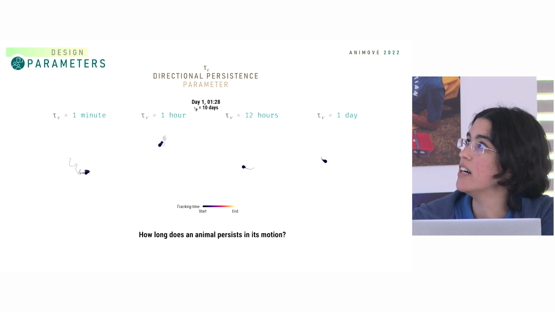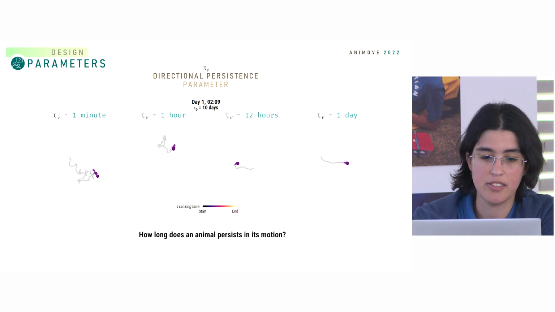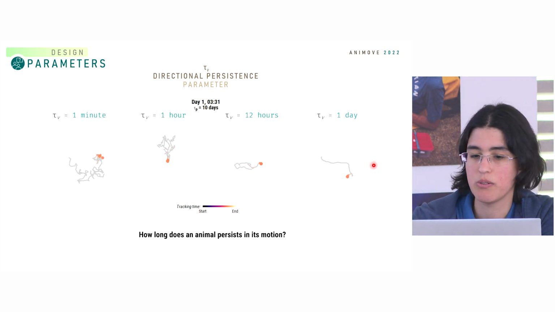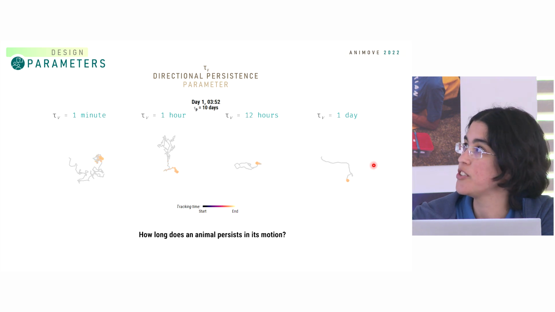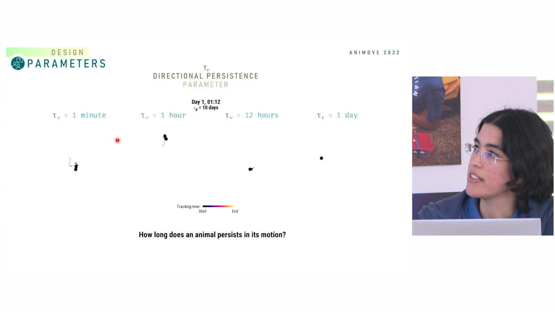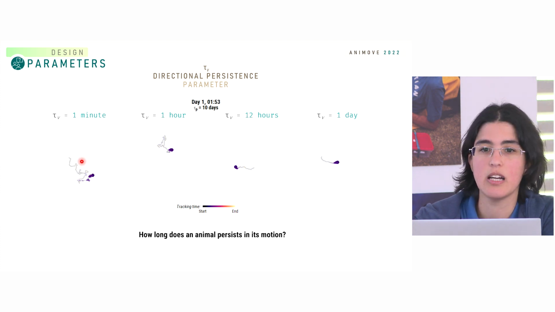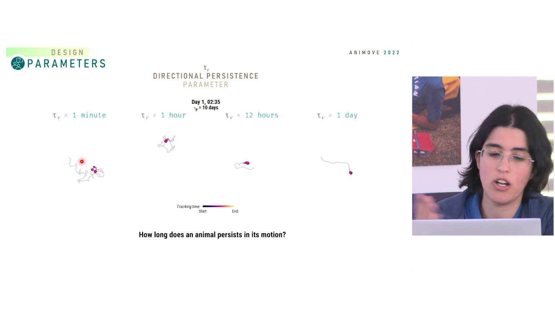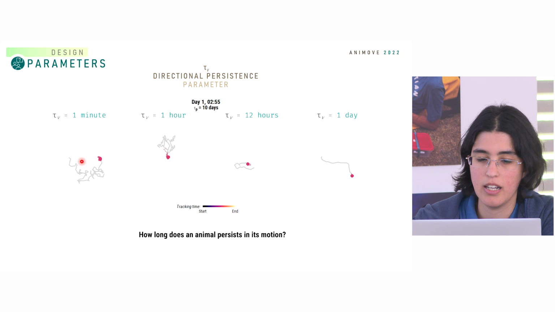With the velocity autocorrelation, which is the directional persistence, as this value increases, from 1 minute to 1 hour to 12 hours to 1 day, the movement tends to be more ballistic or more directional, while it's less linear if this parameter is small. So essentially, how long does the animal persist in its motion?